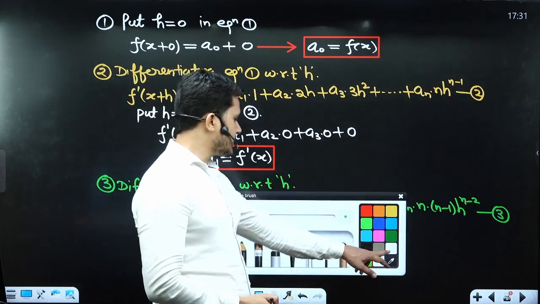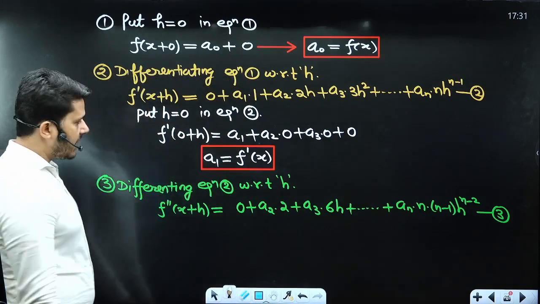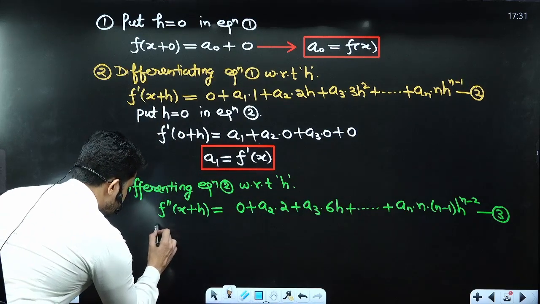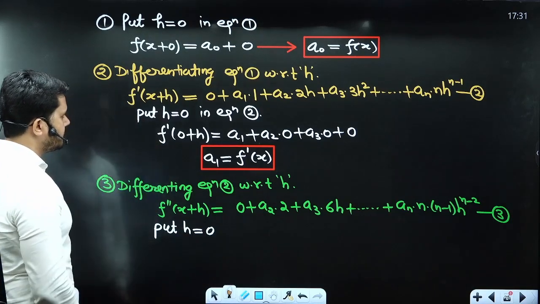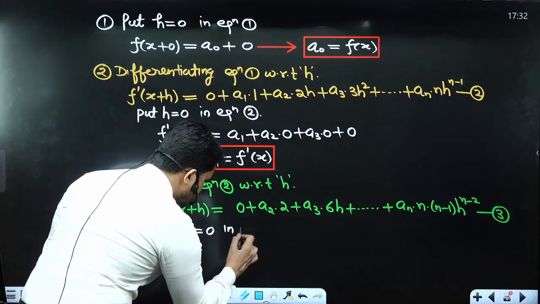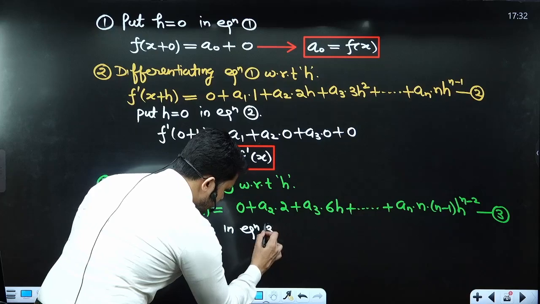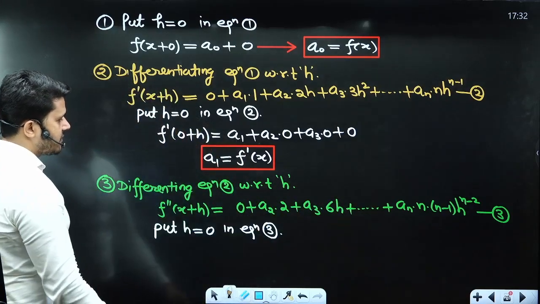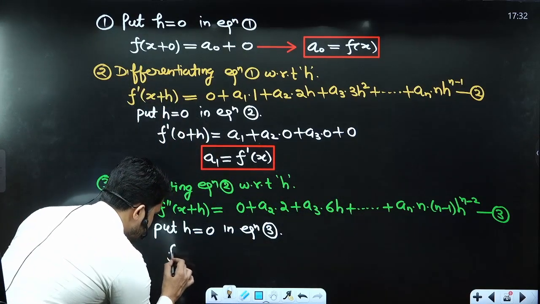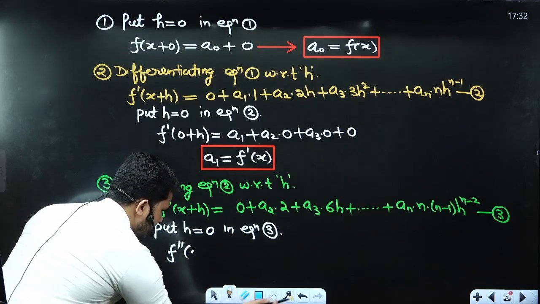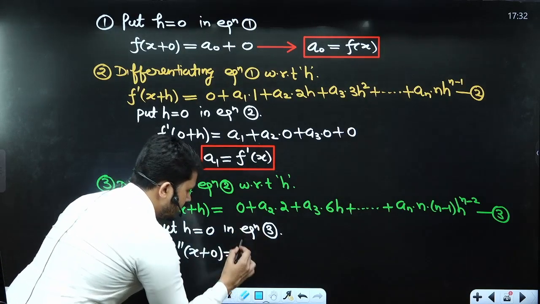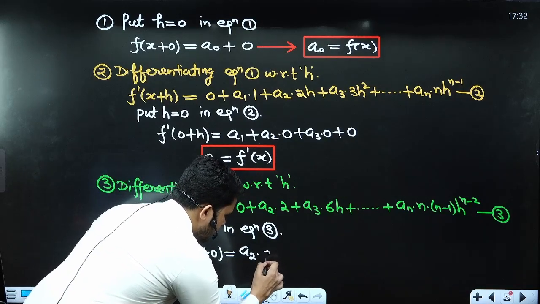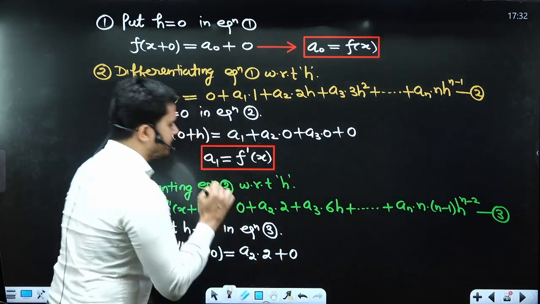Again you will substitute h equal to 0 in equation 3. So the left hand side will become f double dash of x plus 0, which is equal to a2 into 2, and the rest of the terms will become 0.